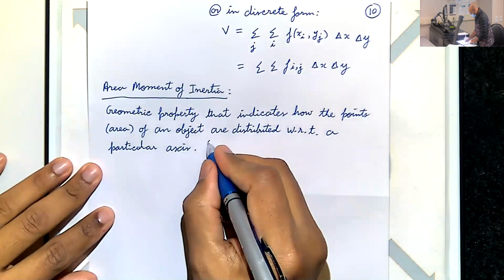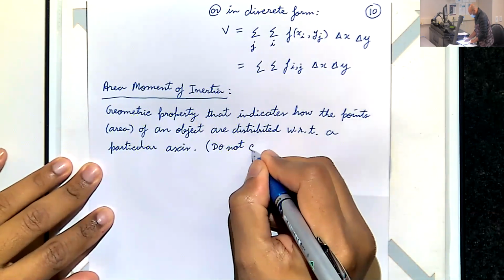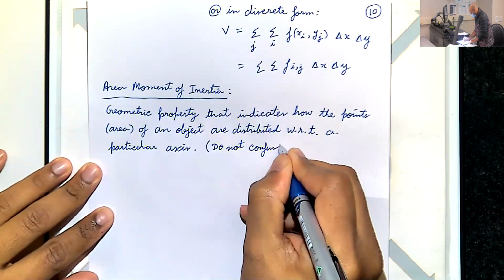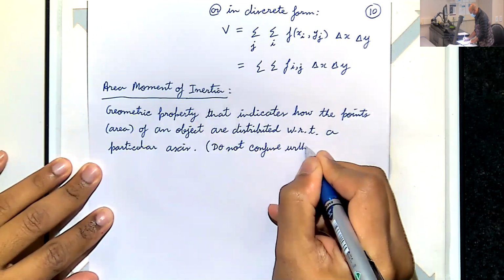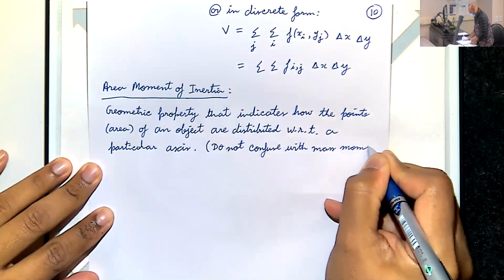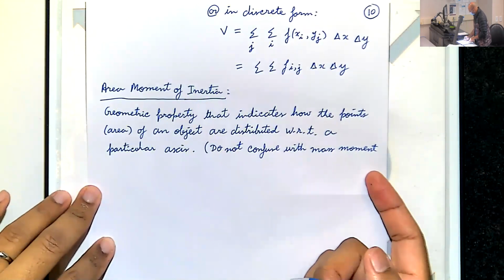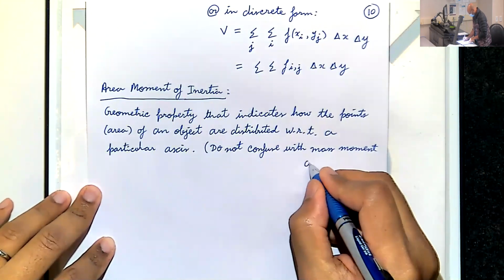And do not confuse this with mass moment of inertia. We use the same symbol to represent both, but from context, usually it becomes clear whether it's mass moment of inertia or area moment of inertia. Do not confuse mass moment of inertia.